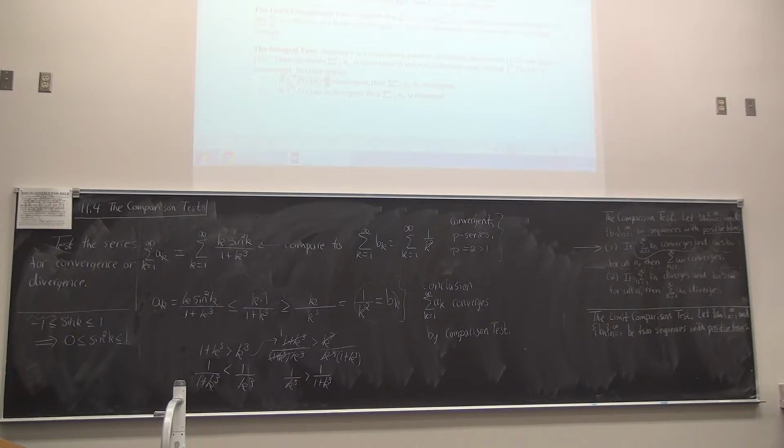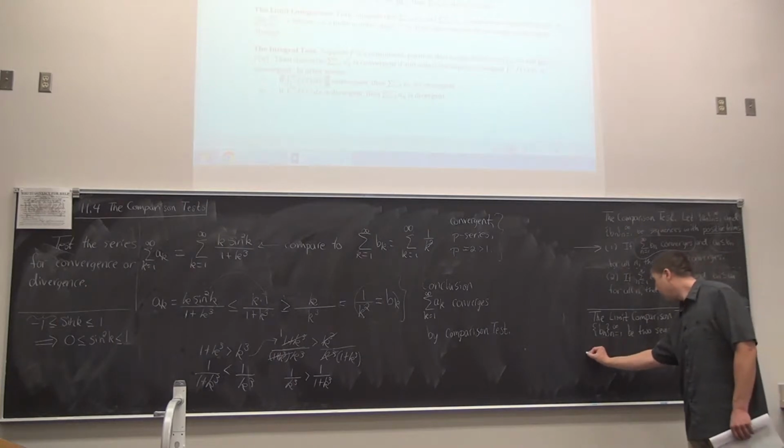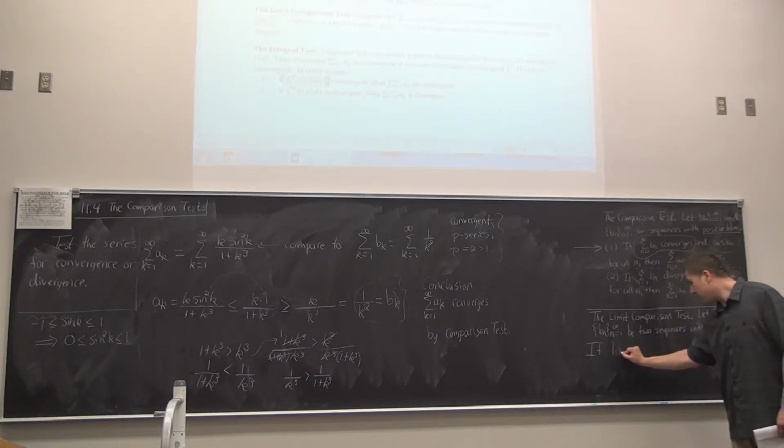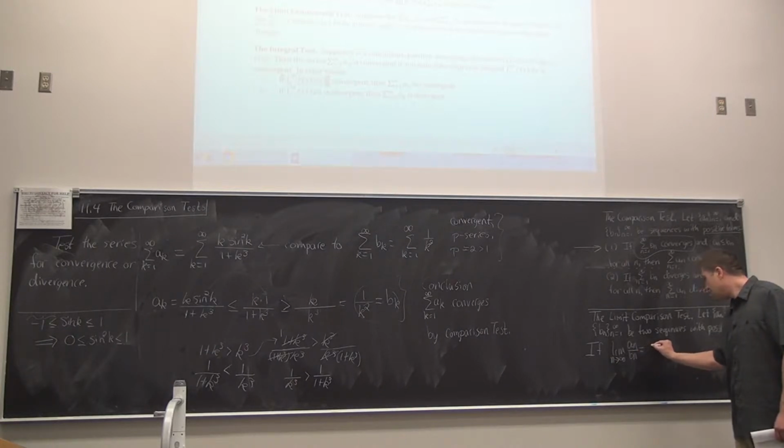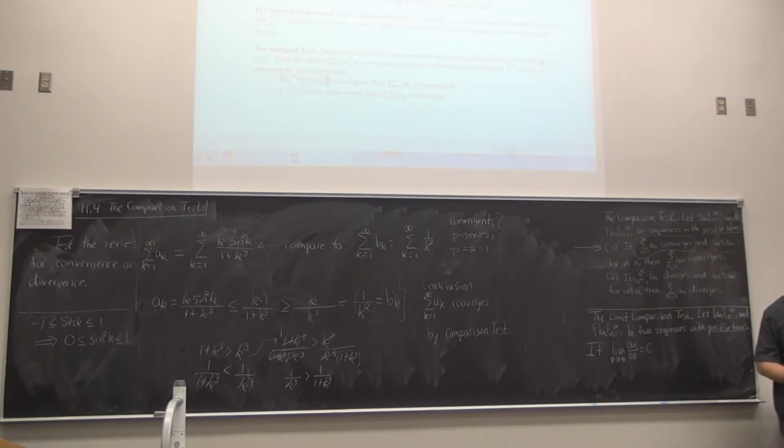So now, if we have that a sub n and b sub n are two sequences with positive terms, we can say the following. If we take a limit, because it's the limit comparison test, so if the limit as n goes to infinity of a sub n divided by b sub n comes out to some constant c, it can't be that the limit does not exist. It cannot be a limit that equals infinity.